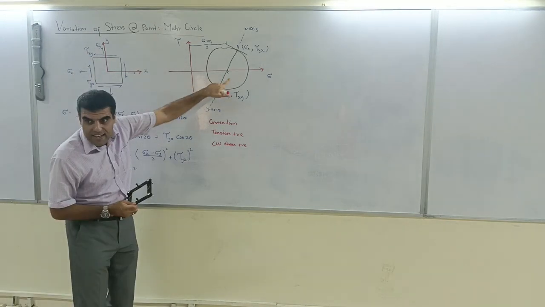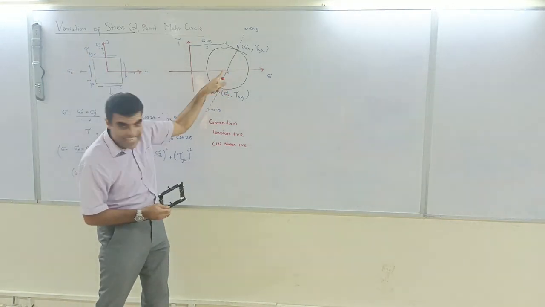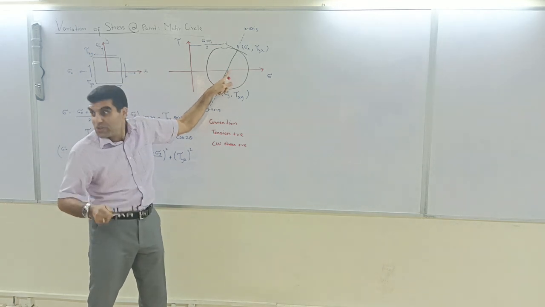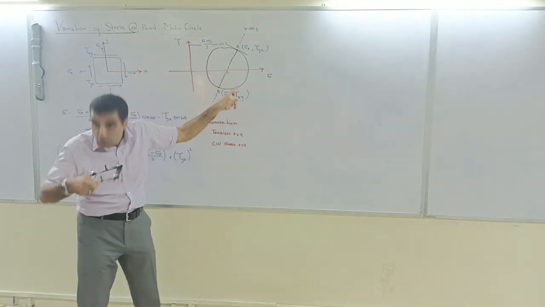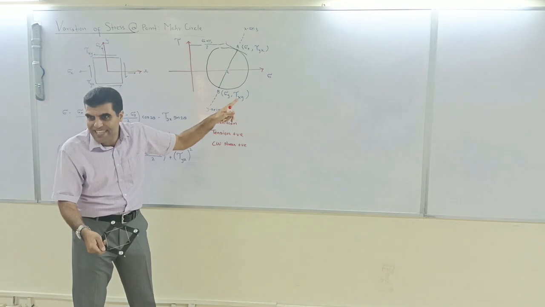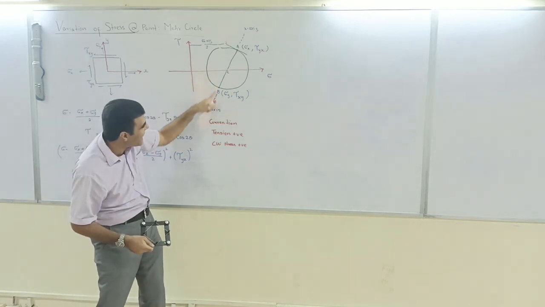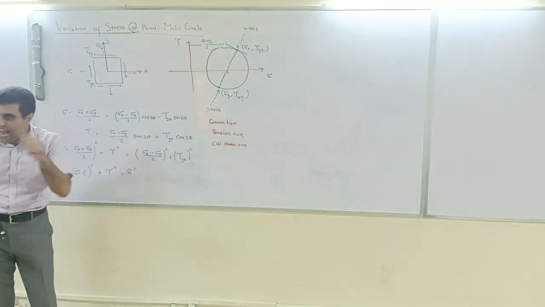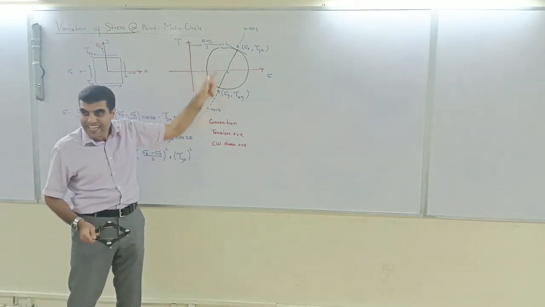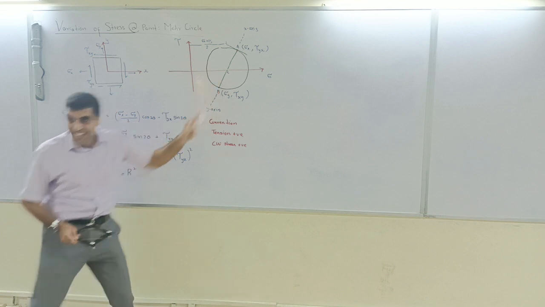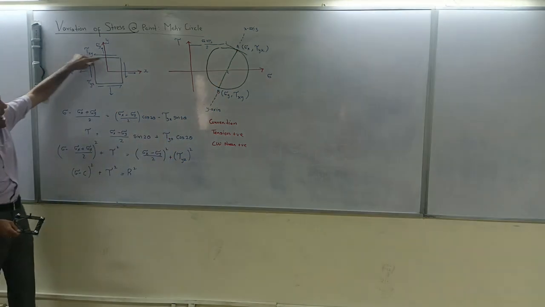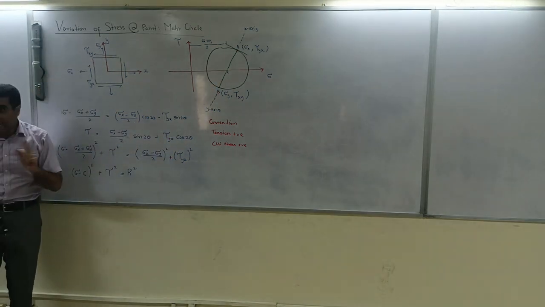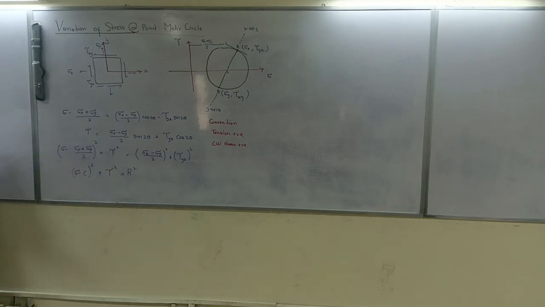However, in Mohr circle, this is x-axis, but y-axis should be 2 times theta, 2 times 90, which is at 180 degrees to this one. So x and y axis are shown at 180 degrees in the Mohr circle. In reality, they are at 90 degrees. That is an important point to note.